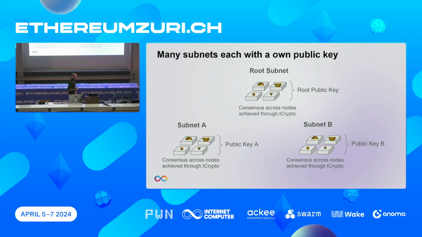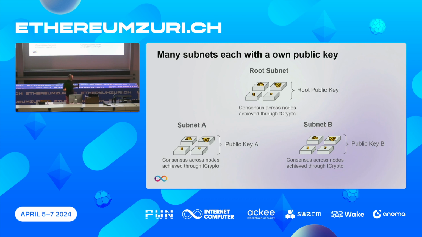Here we're going into a more complicated slide. I would say the two things to remember from here is that in ICP, consensus works across threshold crypto, and there is a root subnet, and then we have multiple subnets, and every subnet has their own public key.